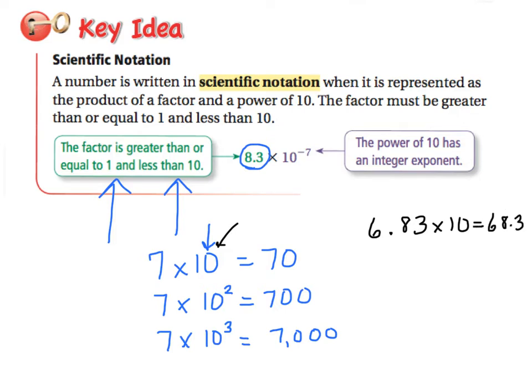I didn't add a 0. 6.83 times 100, or I'm going to write it as 10 squared, gives me 683. What's happening? I'm hoping that you realize that every time you multiply by 10, the decimal place moves over one value for every 10 that you multiply by. So the decimal moves over 1. Here we multiply by 100, so the decimal moved over 2.